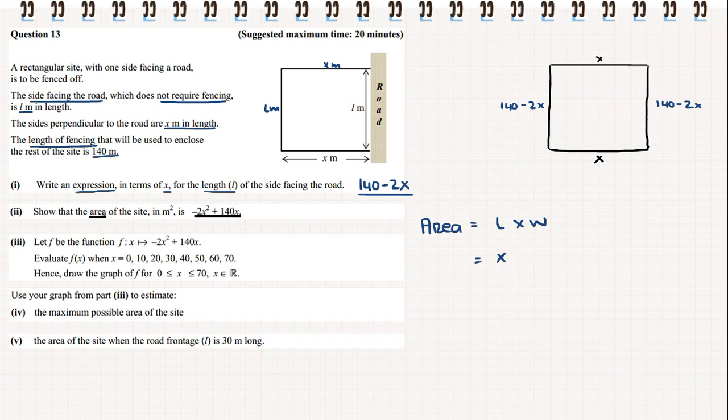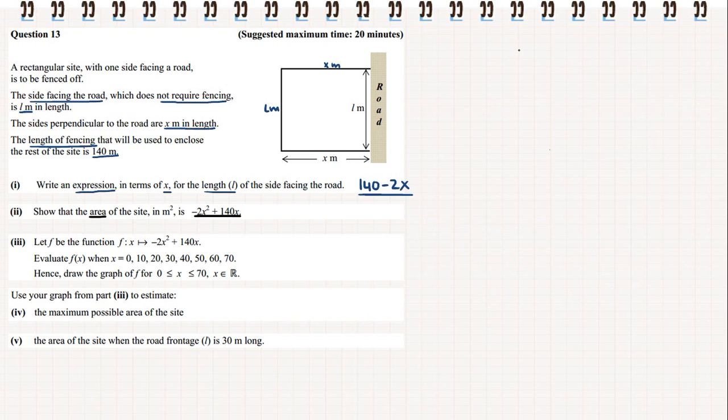So in this case it's going to be x multiplied by 140 minus 2x. If we simplify, we get 140x minus 2x squared. And that's what we wanted to show. For our final answer, we will put in our units, m squared.